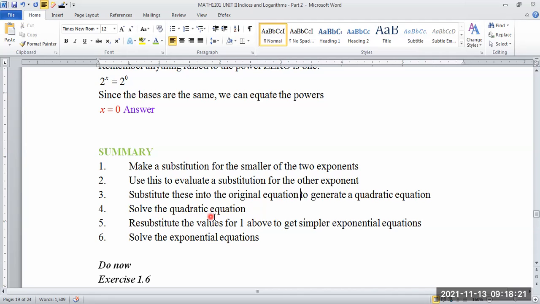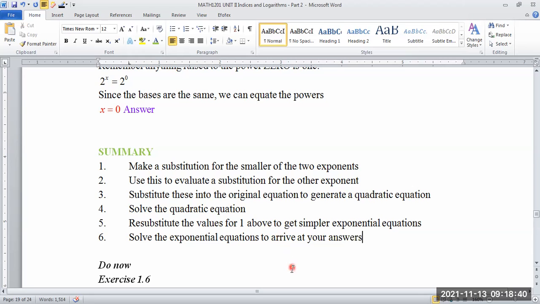And then we're going to solve this quadratic equation, and then resubstitute the values for one above to get simpler exponential equations. Then we're going to solve this exponential equation and arrive at your answers.